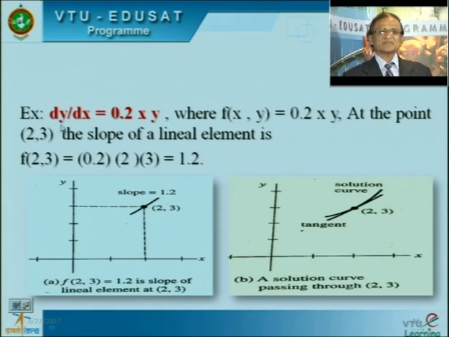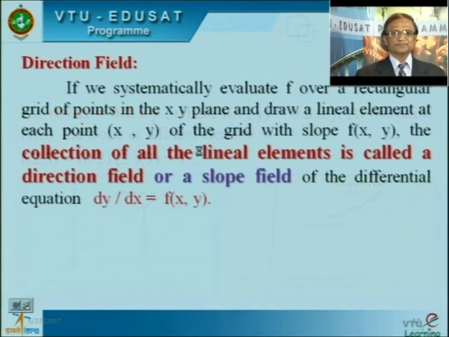By using various methods, you can find the solution of this differential equation. Solution means it is a function. When you draw the curves of that function, you will get a family of curves. For all those curves, at least one curve passes through this point. At that point, if you calculate the slope, the slope is 1.2. So, that is the meaning.